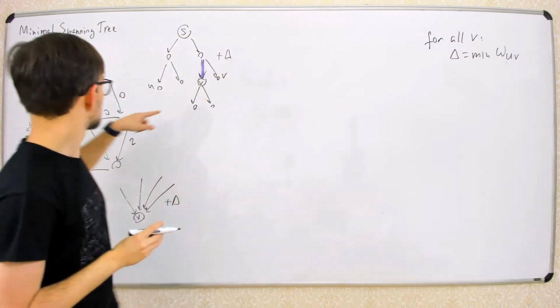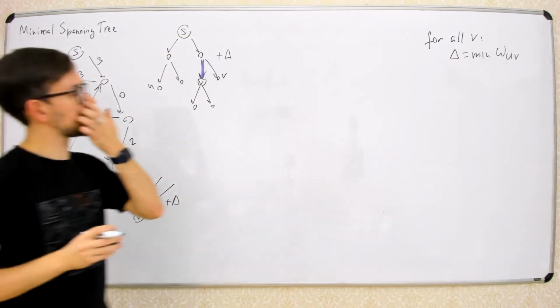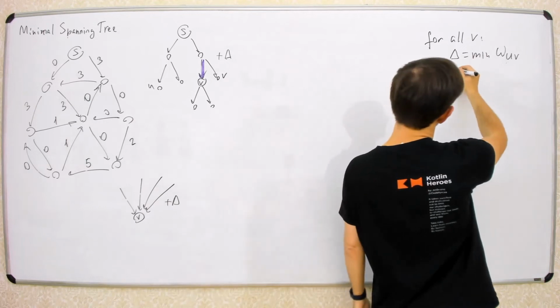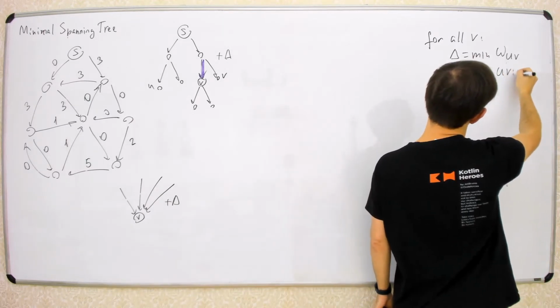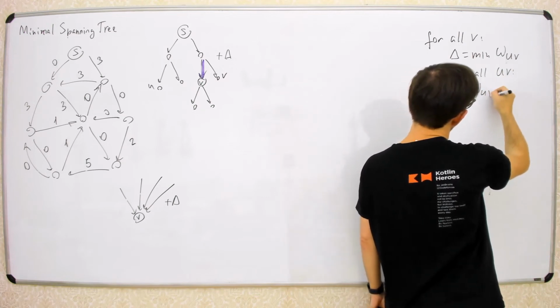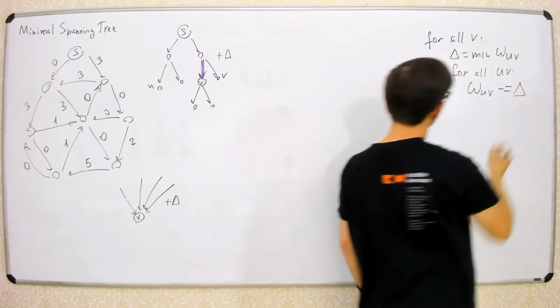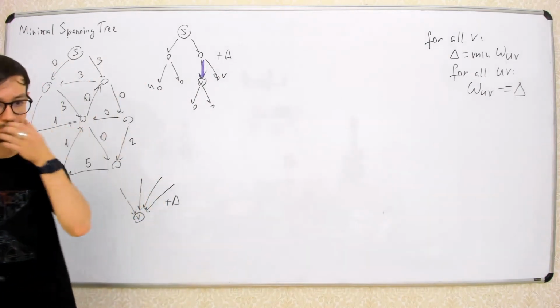So for each node we find the minimal ingoing edge, and now we take all uv, we just do uv minus equals delta. Okay, that's the first step.